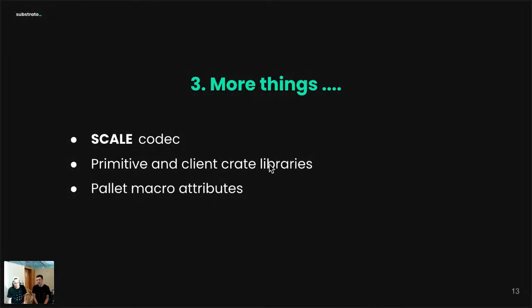In my mind, I think about the runtime as kind of an a la carte thing. Although a lot of the times when we talk about Substrate, we like to build a full blockchain and customize very nitty-gritty things about it, like in the consensus layer, the networking layer, or the storage layer. So primitives and client crate libraries, where you're implementing them outside the runtime, can become very important.